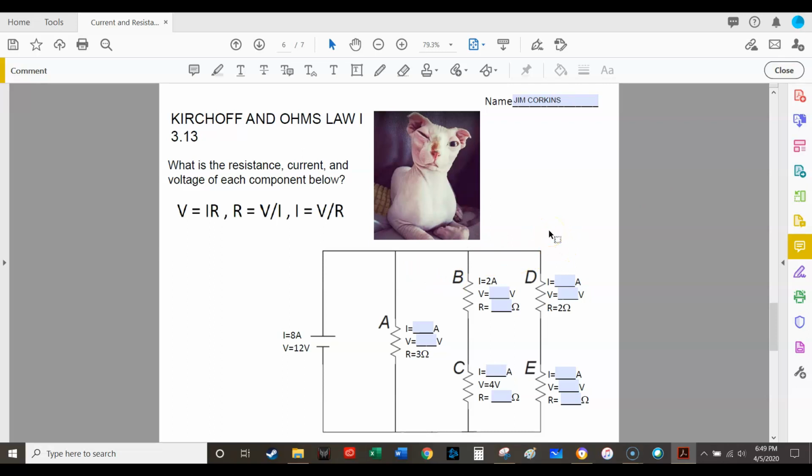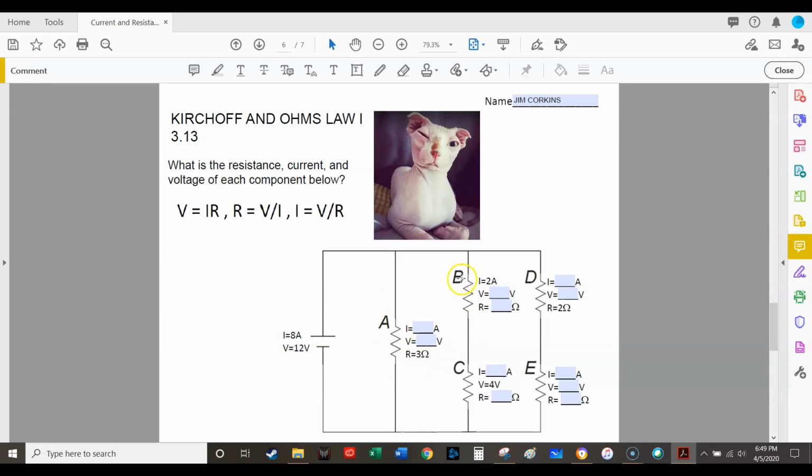This is Kirchhoff. There should be 2 H's there. Whoops. Kirchhoff and Ohm's Law 1, 3.13. All right. So here we have a battery that's producing 8 amps and 12 volts. We have a resistor A that is in parallel with it, and it is 3 ohms.